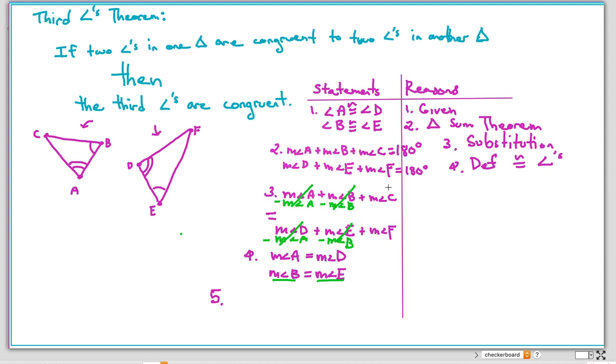And I'm going to get a resulting equation. What's left is that the measure of angle C equals the measure of angle F. And that's what I write for step 5. I write measure of angle C equals measure of angle F. And this follows from the subtraction property of equality.